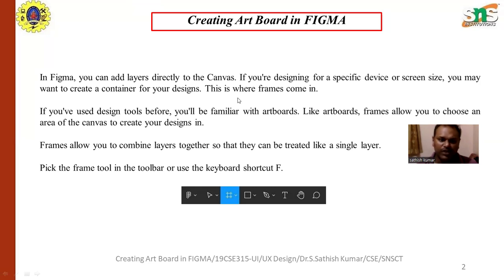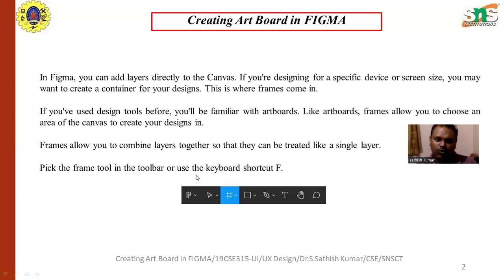If you have used design tools before, you will be familiar with artboards. Like artboards, frames allow you to choose an area of the canvas to create your design in. Frames allow you to combine layers together, so they can be treated like a single layer. See this diagram; this is the frame. We can click and drag to create frames.